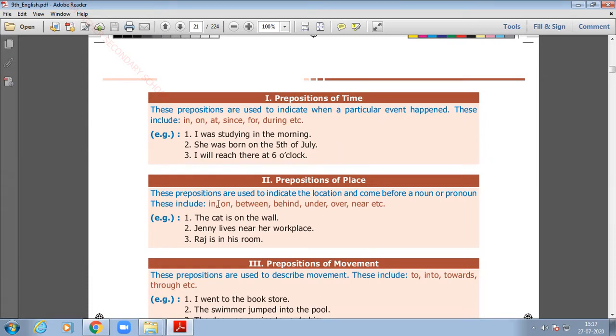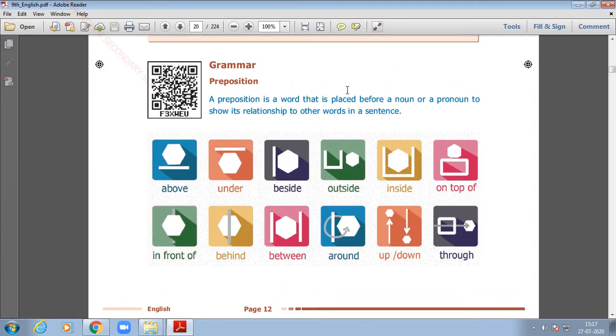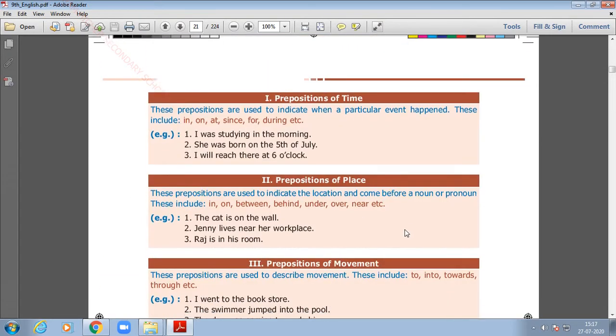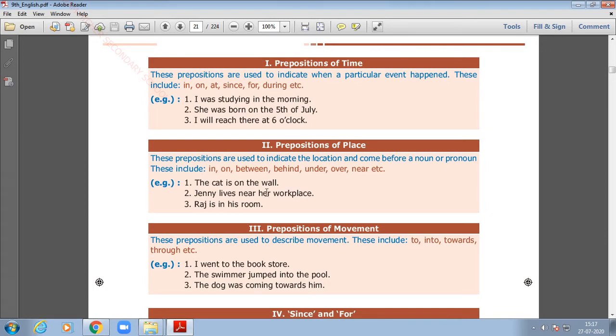Now coming to the next example. Jenny lives near her workplace. Where? All this is answering the question where. Jenny and her workplace. And see her, that is what I told you on the previous page, you had a noun or a pronoun, and here her actually refers to Jenny. So you have a word placed before a noun to show its relation to a noun that is already placed in the sentence.